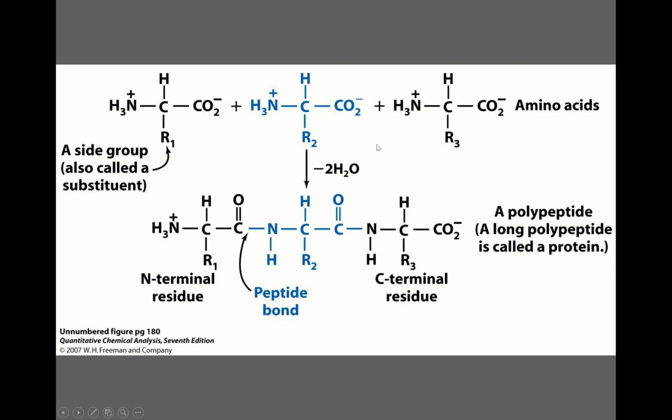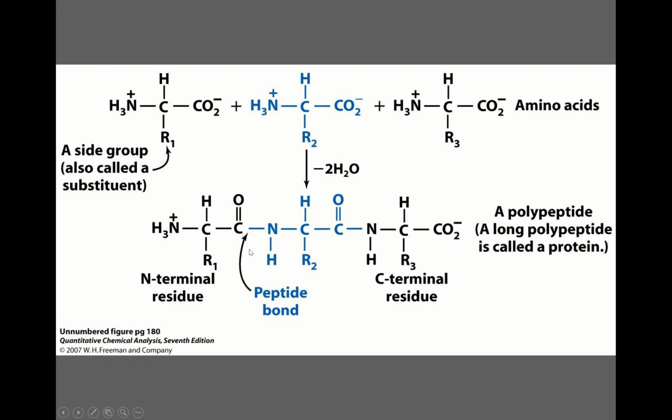When the peptide bond is formed, a water molecule leaves: the oxygen comes from the carboxyl group, and the hydrogen from the amine group, which is in ammonium form.